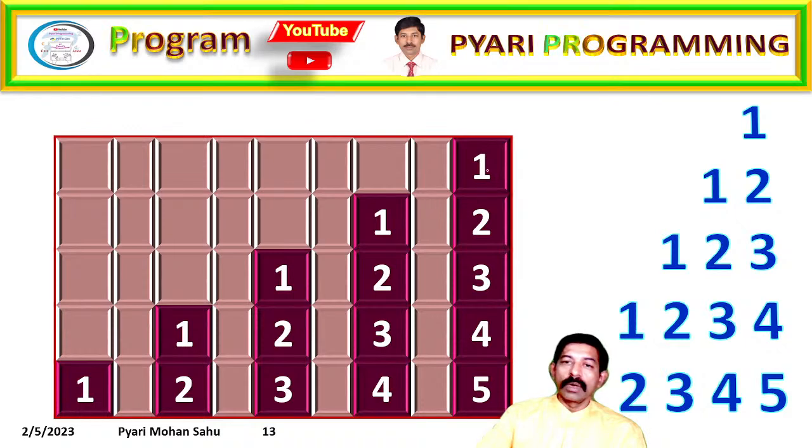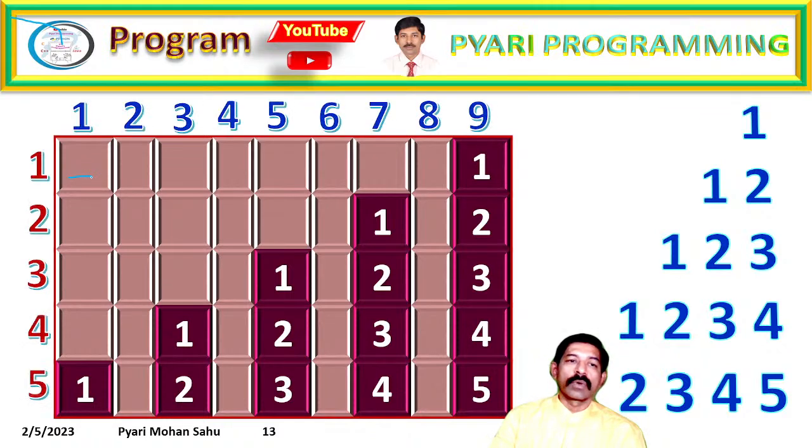First of all, I'm having a space over here. Let me change the color to make you understand clearly. Now I'm having a space over here. So how to count this space? It's based on this: these are the number of rows and these are your number of columns.